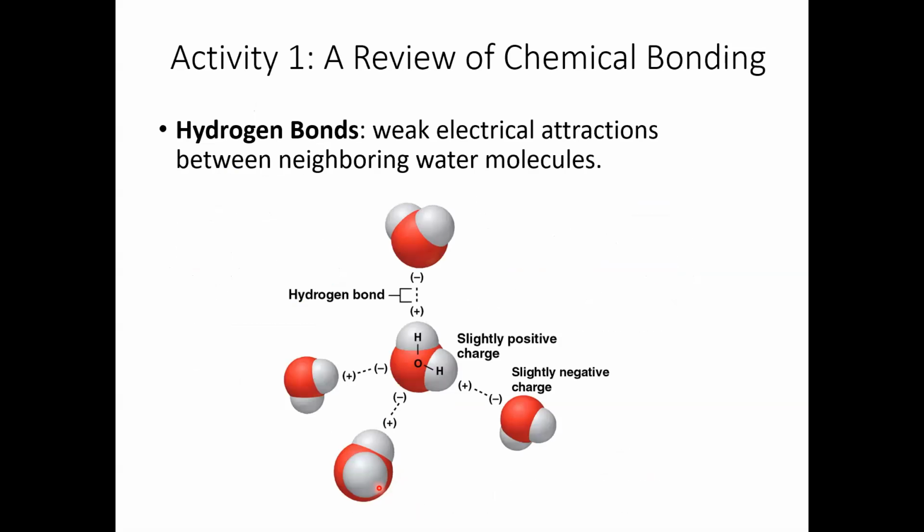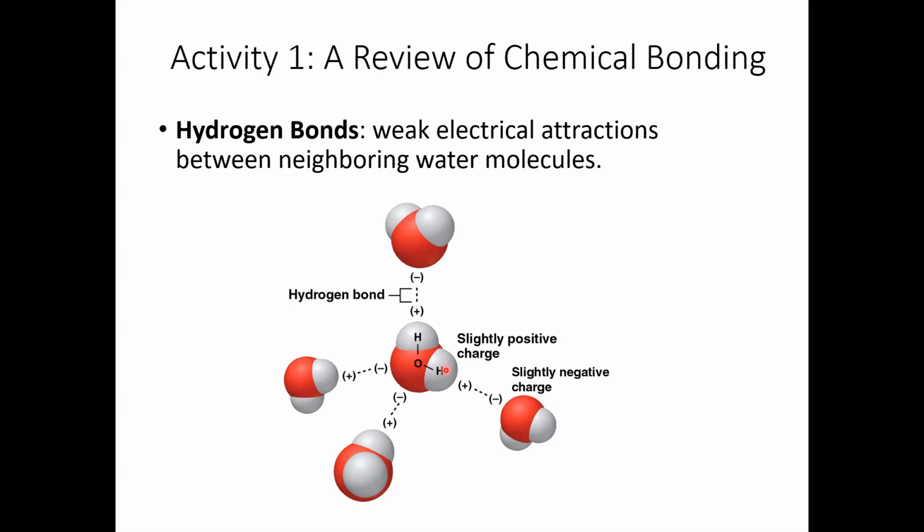This takes us to hydrogen bonds. Hydrogen bonds are weak electrical attractions between neighboring water molecules. As you can see here, you have your oxygen and then your hydrogens, and this is considered a polar bond.